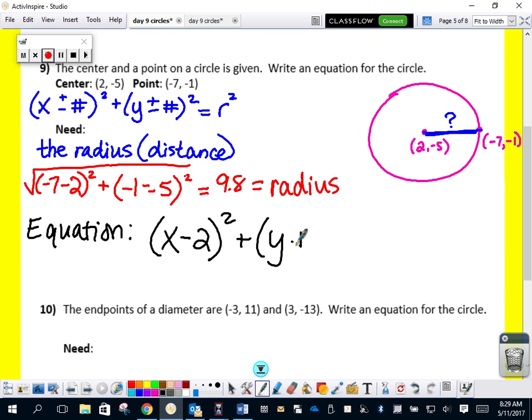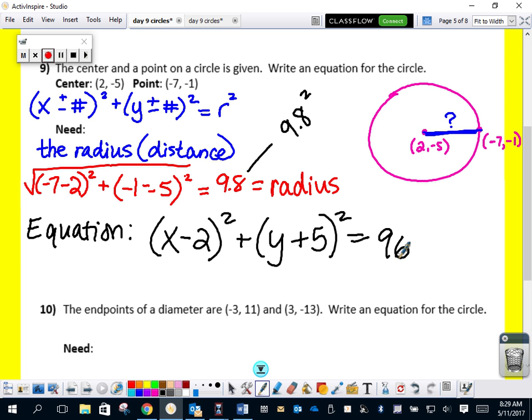Y plus 5 equals r squared. So now you have to do 9.8 squared. And let's round that to the nearest whole number. 96, okay? And there's your equation. Okay?